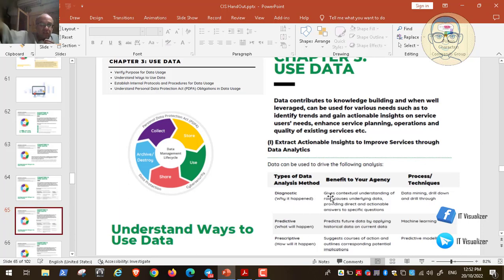And diagnostic, this is another kind of analysis, to analyze the data to diagnose certain problems. You can analyze the data to get action plans to rectify or troubleshoot certain service problems or production problems.